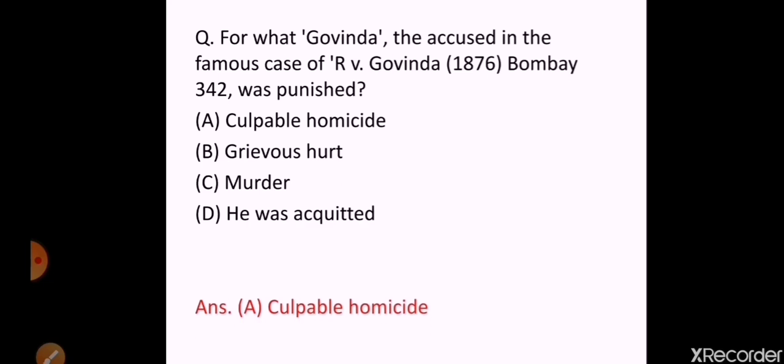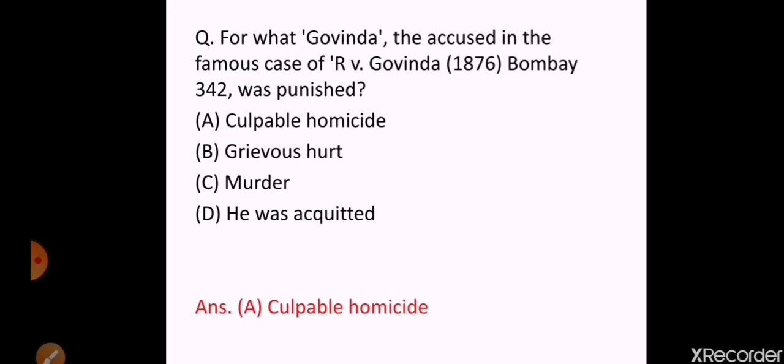Yes, in this case the accused was convicted for culpable homicide not amounting to murder. This question was asked in the Uttarakhand CJ 2018, and in the previous question I also asked about the distinction between culpable homicide and murder, where R versus Govinda is the leading case on this topic.